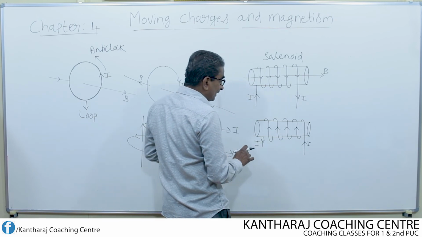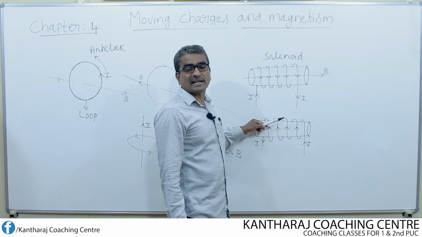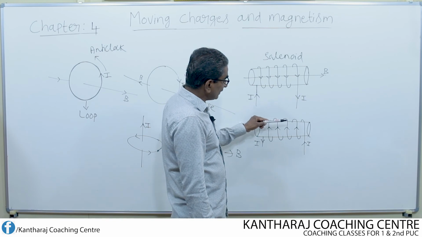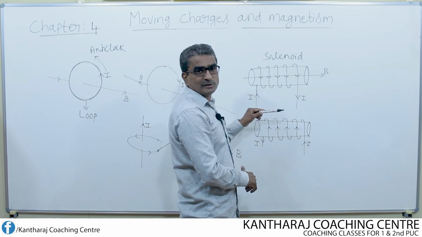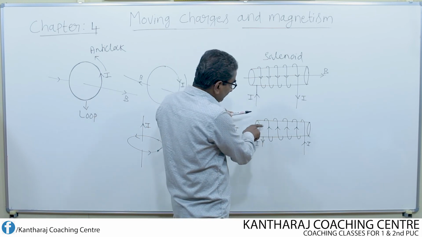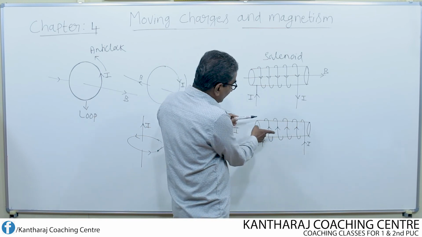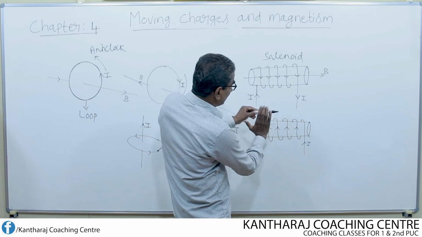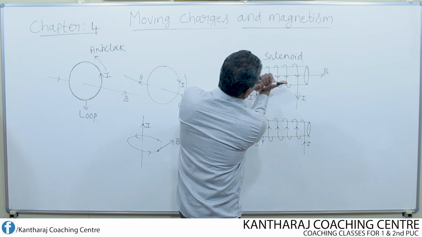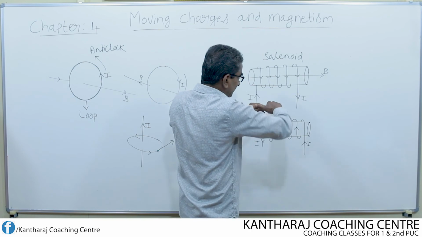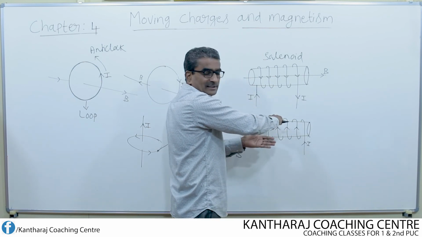Finally it comes out. Again apply the right hand clasp rule itself. Hold the solenoid by means of your right hand. Now the fingers curling or clasping should give the direction of the current. How is the current flowing? Current is flowing upwards. Therefore fingers should clasp in the upward direction. Here the fingers are clasping in downward direction. So it curls like this.